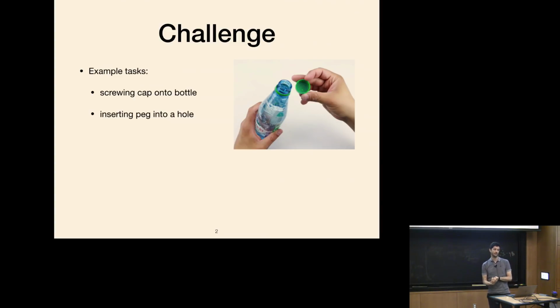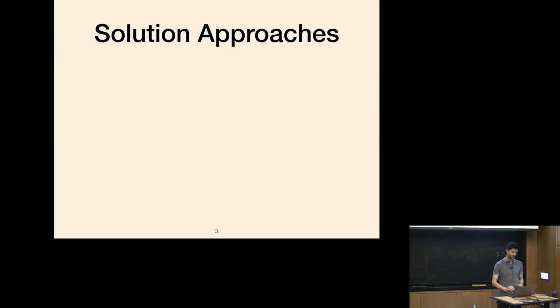Example tasks are screwing a cap onto a bottle, or even a much simpler task, peg and hole insertion, a pretty common industrial task, which already has a fair number of contact modes. If I change it from a circular peg to some weirdly shaped one, like a star or a square, the number of different ways it can be touching just blows up. So it gets hard to write down the dynamics pretty quickly, and it can be hard to estimate that contact state even if you did have the dynamics. Those are big challenges.